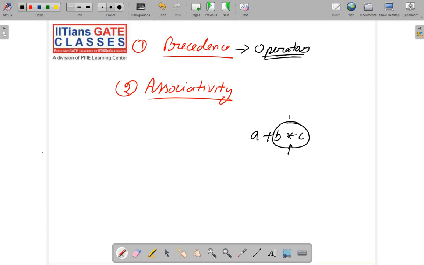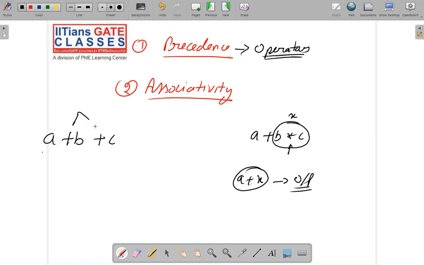If the output of b star c is x, then a plus x will be evaluated next, and this will be our final output. So these things are done based on the precedence of operators. What if we write it like a plus b plus c?